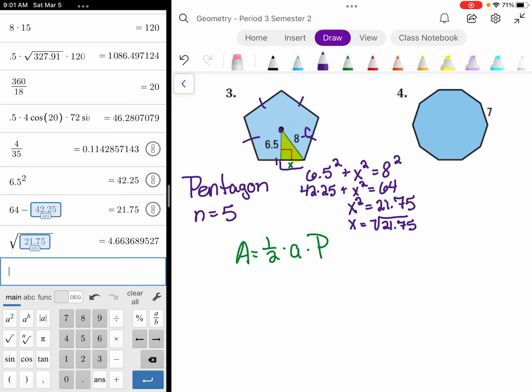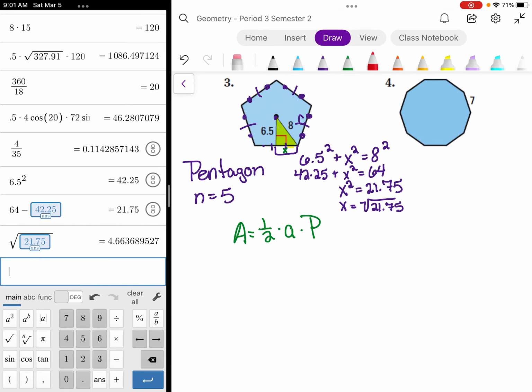Okay, so that's the length of part of our base. So that would be 1/2 of it. So we need to figure out how many of those would be all the way around our pentagon. So we would have 1, 2, 3, 4, 5, 6, 7, 8, 9, 10. So to find our perimeter for this, we're going to take 10 times the square root of 21.75.